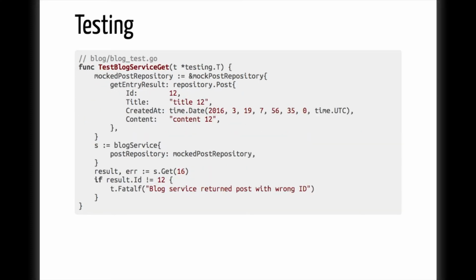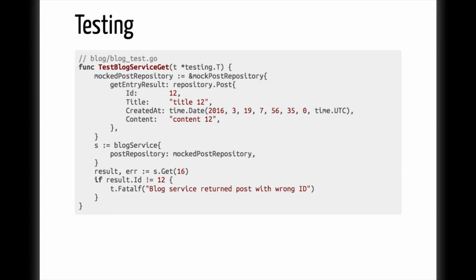Here is how it should look in our simple test, where the mock repository for get entry will always return a post with ID 12, title 12, and so on.